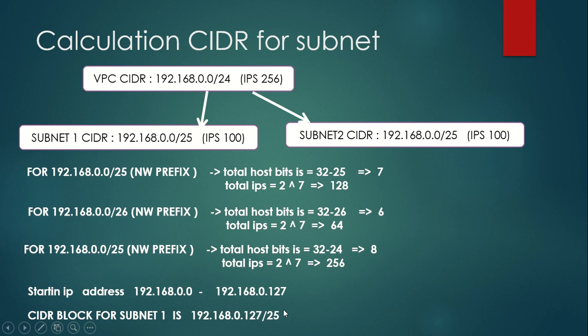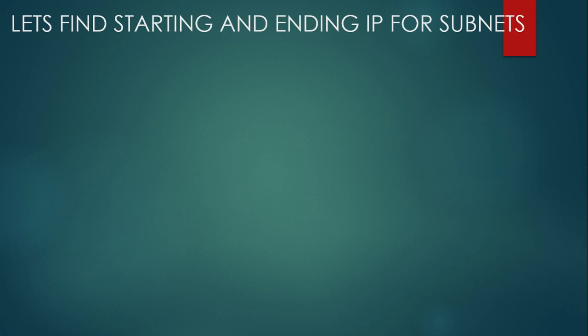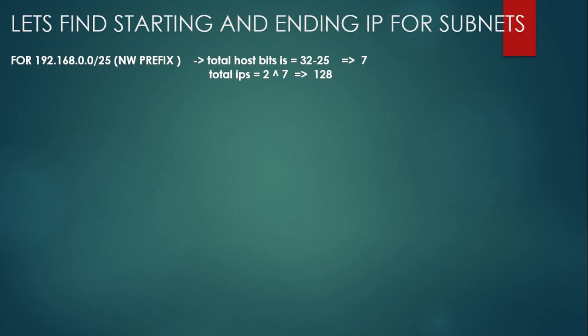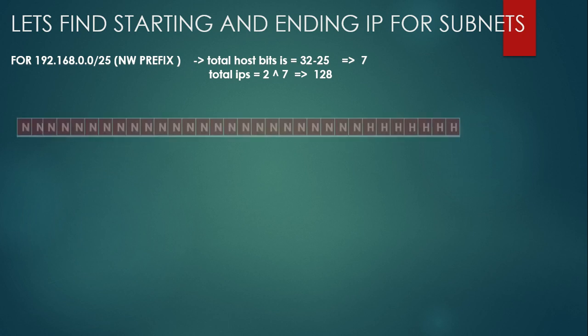Let me explain this again. Based on the previous example, I am going to find the starting and ending IP addresses. As per my requirement, I have the 192.168.0.0/25 network CIDR block. Here the total bits is 32 and the number of network bits is 25. That is 7 host bits. Based on this, I get 128 IP addresses.